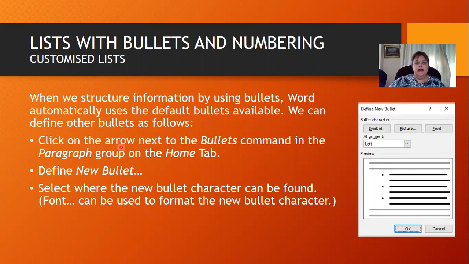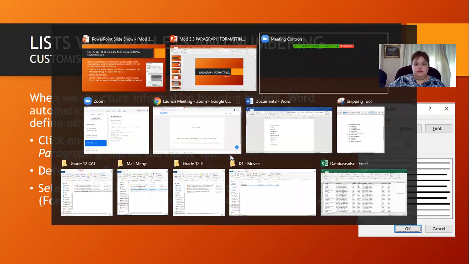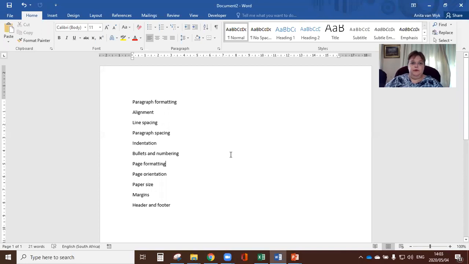You can click on the arrow next to the bullets command in the paragraph group on the Home tab. So what I'm going to do today is take you step by step through showing you on a Word document. I just want to find a clean document, or there, we will use this one.